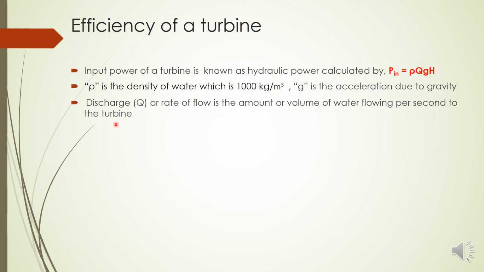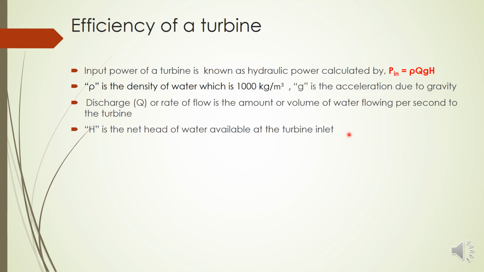And H, you already know, is the net head of water available at the turbine inlet. How much head is available? It is a measure of energy. So how much meter of water head is available at the turbine inlet? Those are the 2 parameters we want to know for calculating input power.